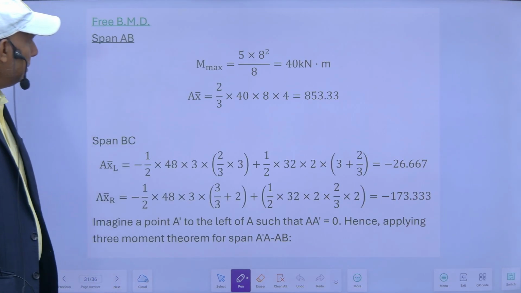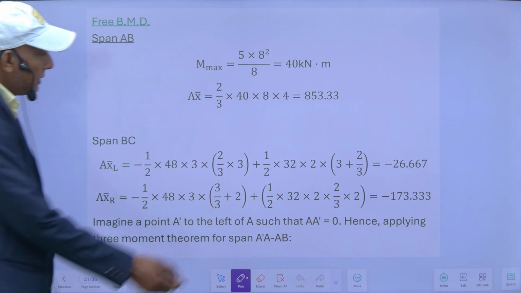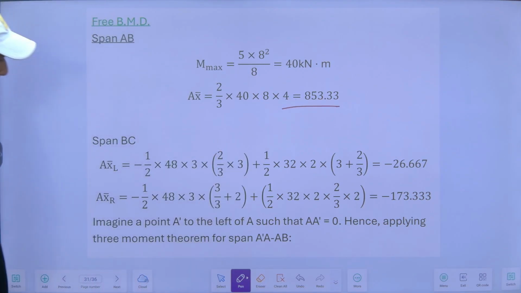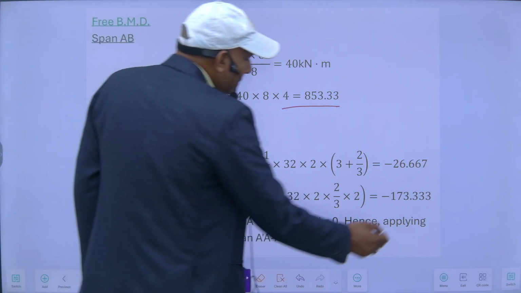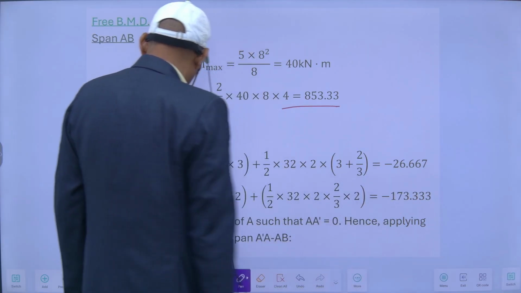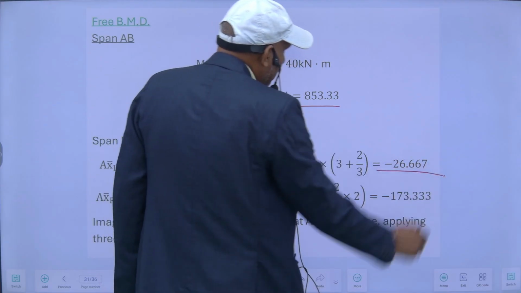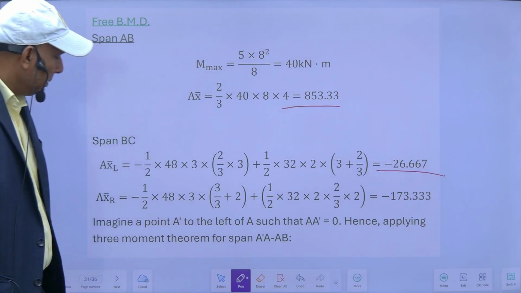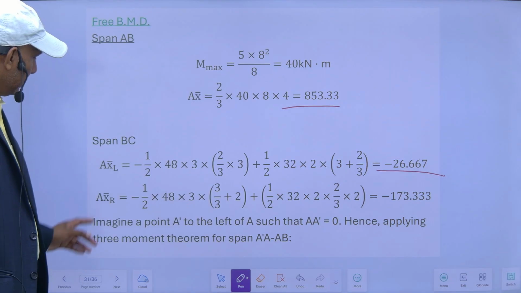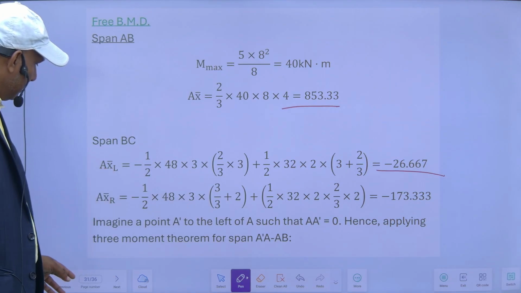And for the first portion it is this one, and I will get minus 170, it is minus 26.667. So this is Ax left.